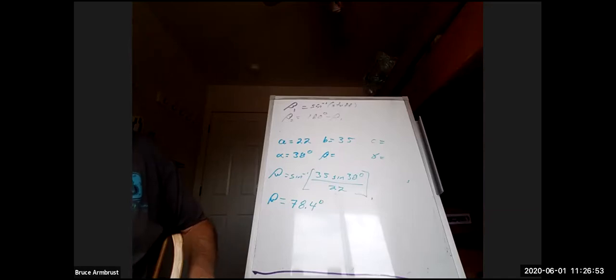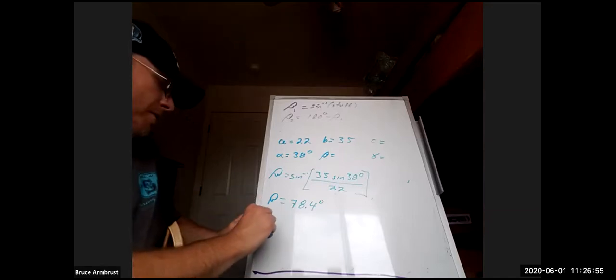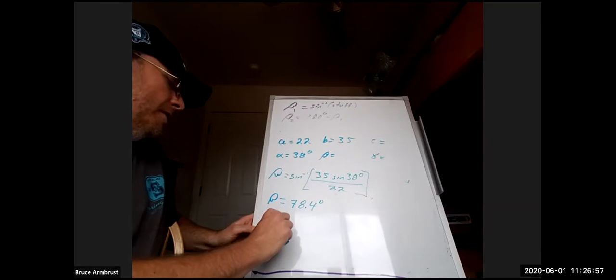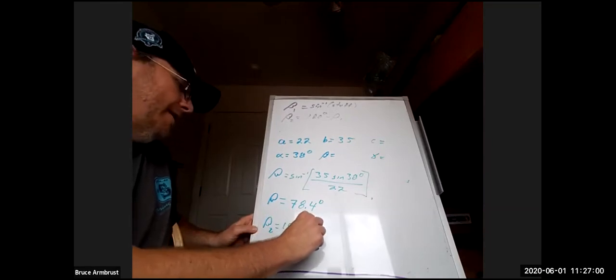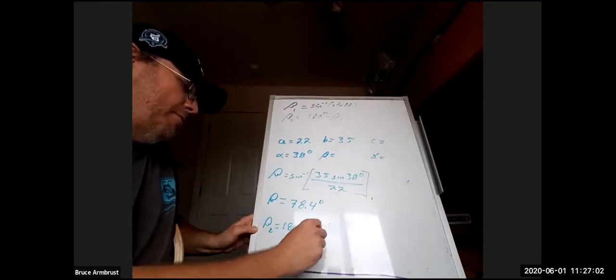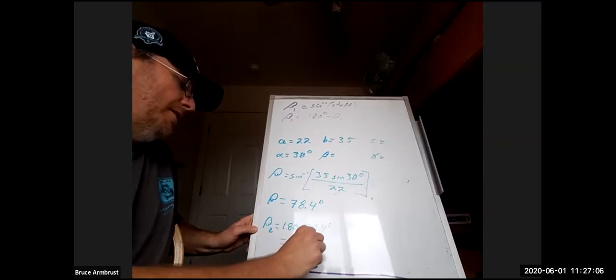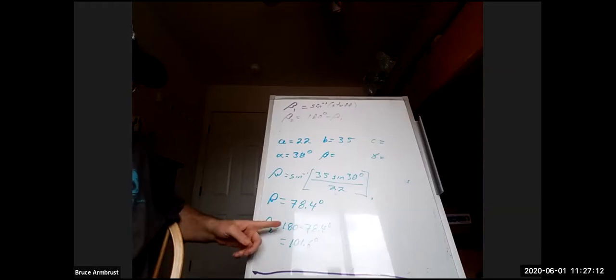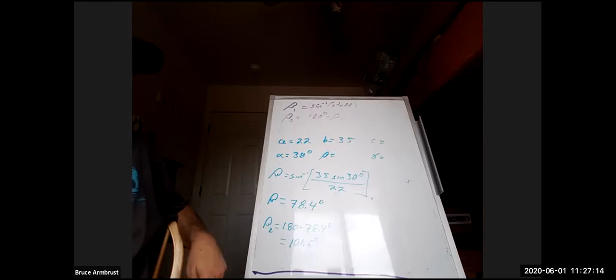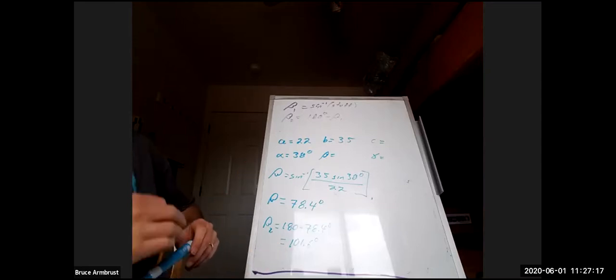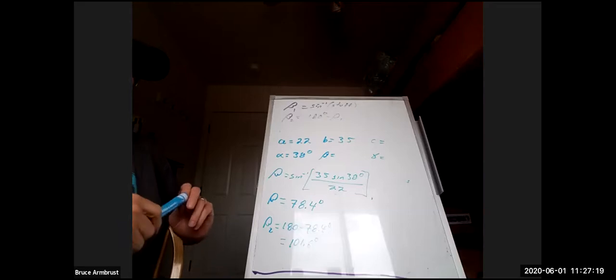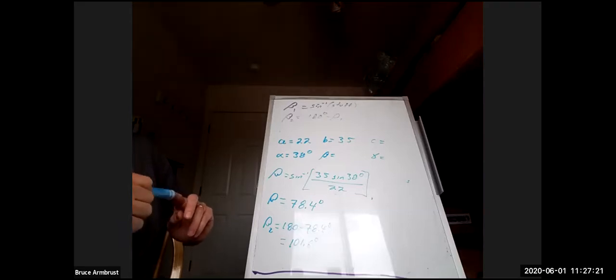So the question is, what about beta 2? So let's look at beta 2. It's going to be 180 minus 78.4, which is going to be 101.6. So it's a real easy subtract from 180. But the question is, does that fit? Do we actually have two triangles this time?